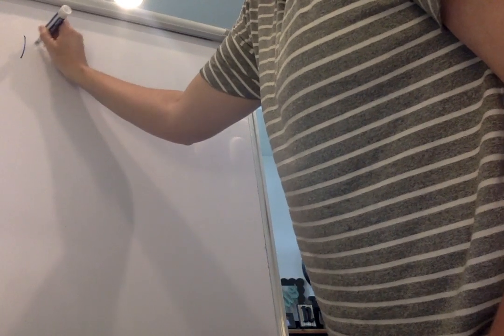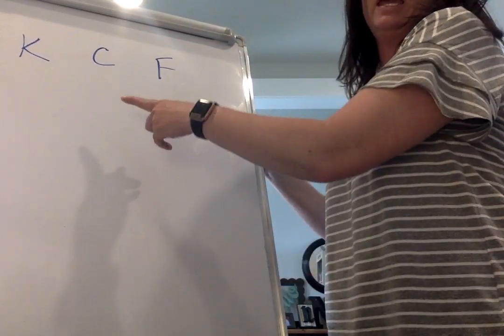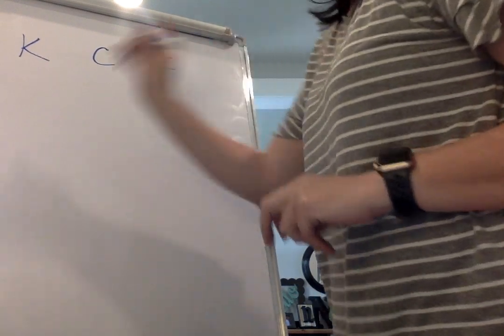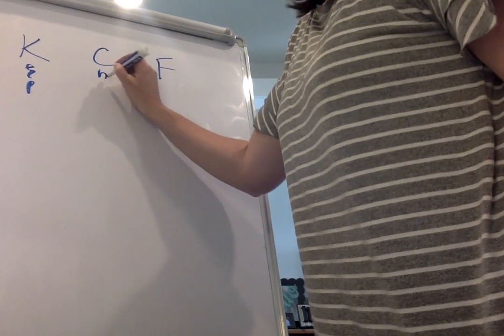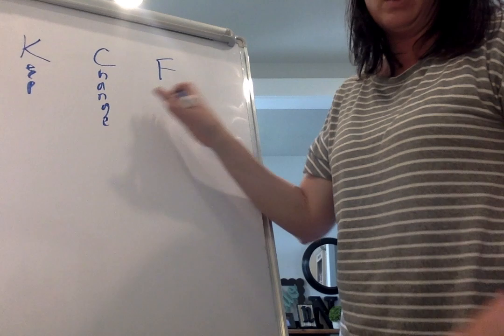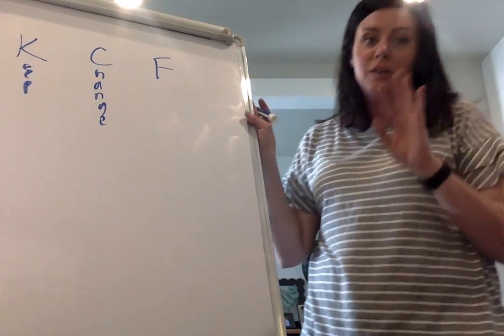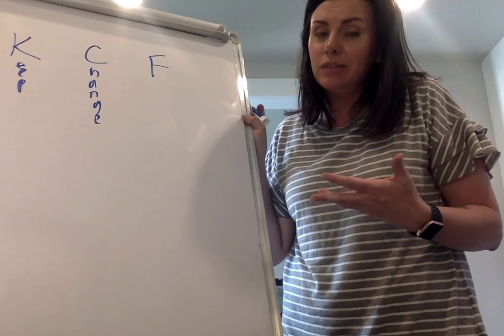We've got keep, change, flip. It's just like KFC, except we're flipping those, right? We change those around. We're going to keep the first fraction. We're going to change the sign to multiplication. Really, remember yesterday or the previous video when I told you that multiplication is the easiest thing to do with fractions?